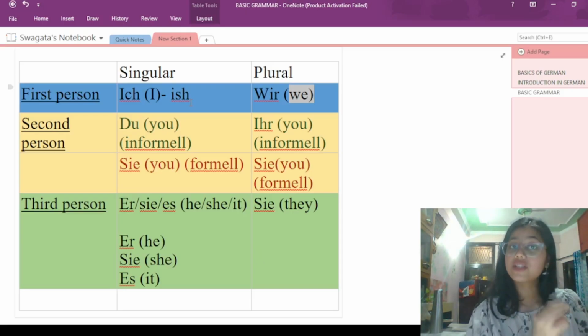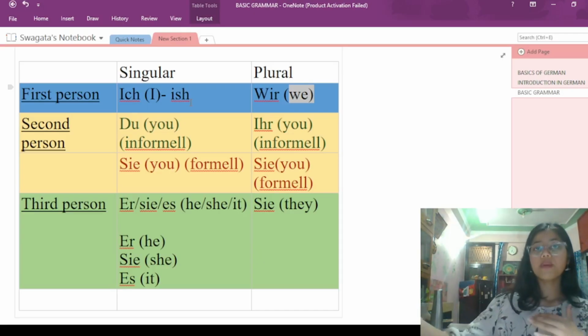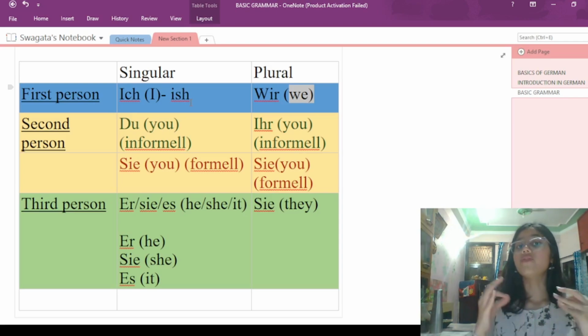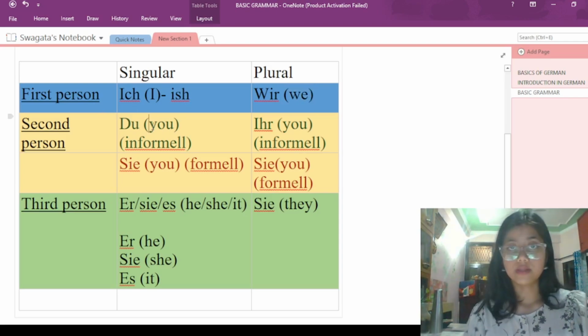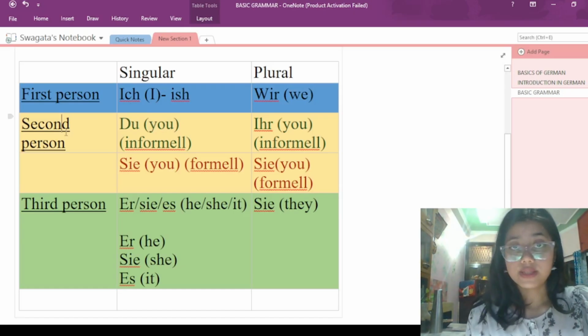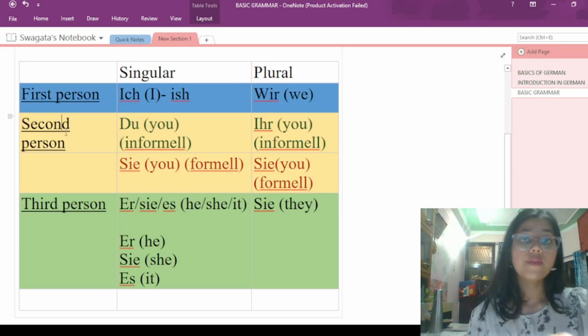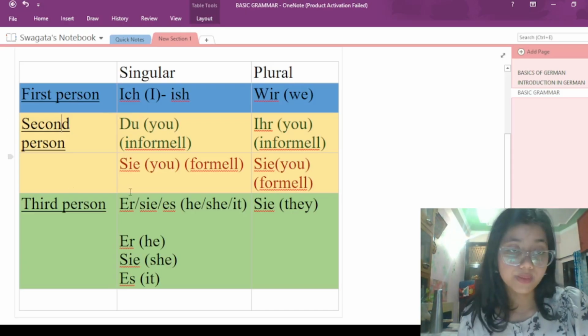Here, ich is the subject. We is the subject, so wir. This is how we use the first person, singular and plural. We have the second person, but this is quite complicated, so we will look at it later. First, we'll look at the third person.